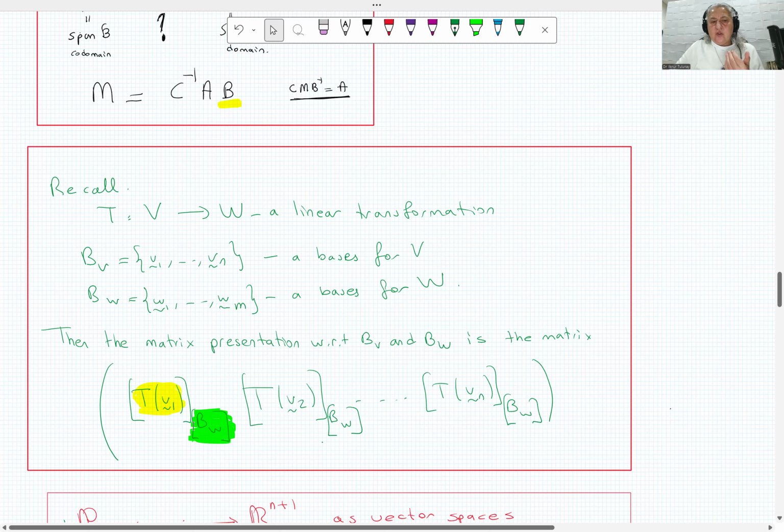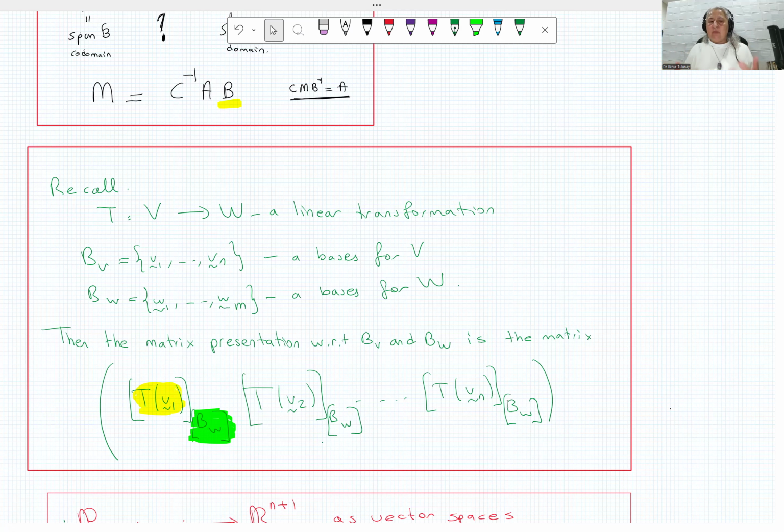So this is a base change here. Calculate each TV, and then turn that into a coordinate vector with respect to the basis BW, and put each of those vectors in the columns, then you will have a matrix. That matrix is also a matrix representation with respect to BV and BW, BV in the codomain and BW in the domain.